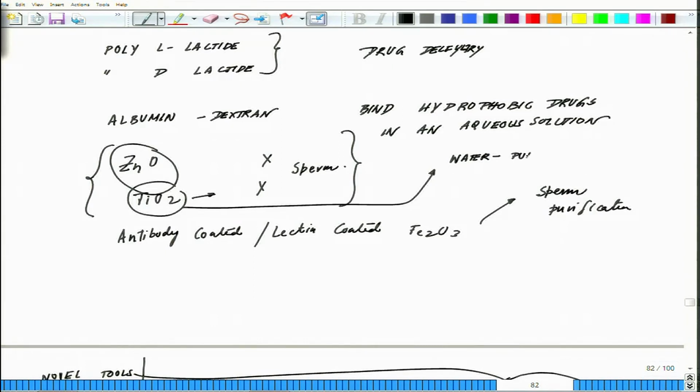Now, you realize that something used for water purification, because titanium oxide is a photocatalytic semiconductor material, and we will talk about how this works once we talk about water purification, could even split water.